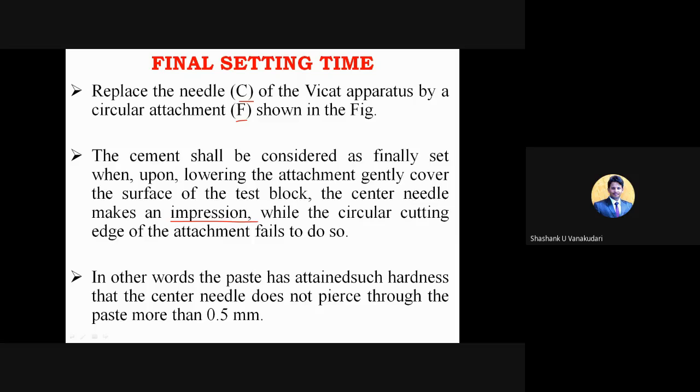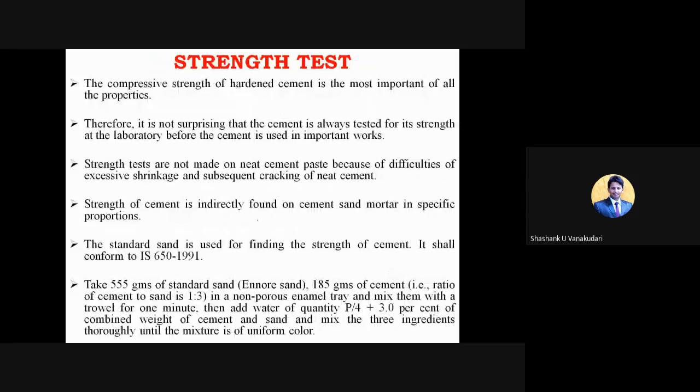So at that time we can say that this is the final setting time. Clear? So through this Vicat apparatus, we can conduct normal consistency, that is the percentage of water required to make the standard cement paste, and then initial setting time as well as the final setting time. Understand? So next we'll go with one more test, that is the strength test.